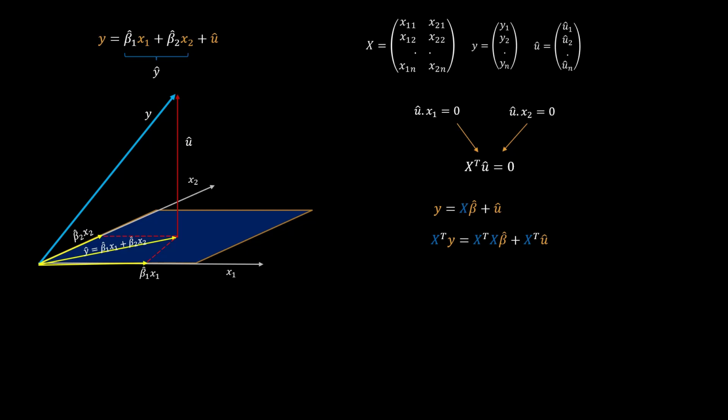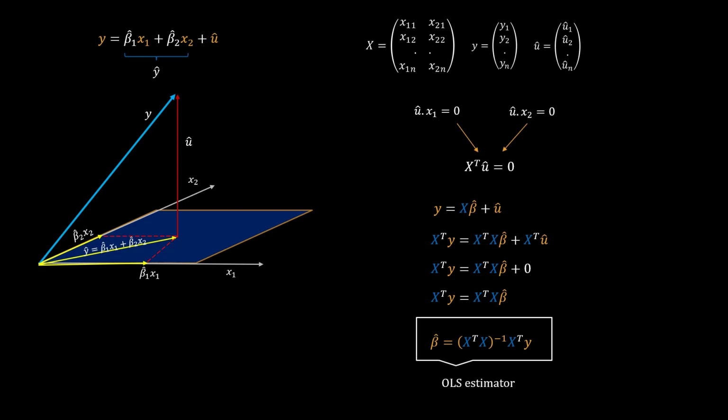Using the fact that X transpose U hat is 0, we get our formula for OLS as expected. Beta hat vector is X transpose X inverse X transpose Y. The same result can be obtained by minimizing SSR as well.